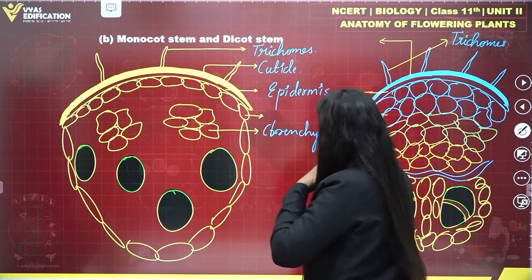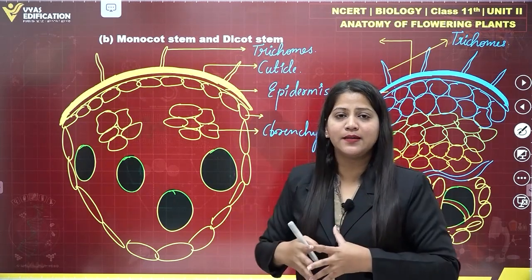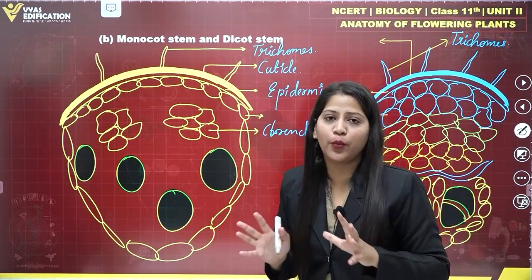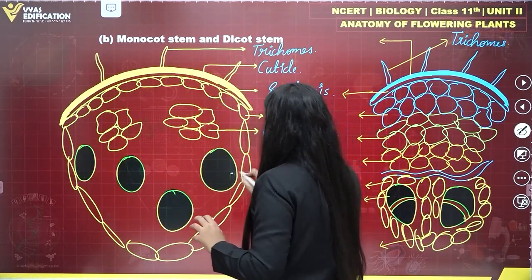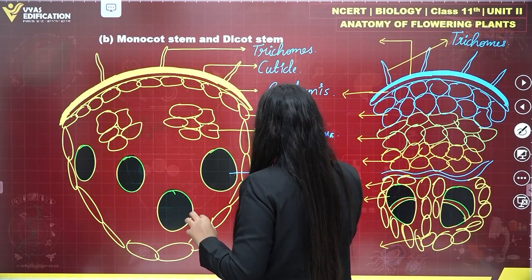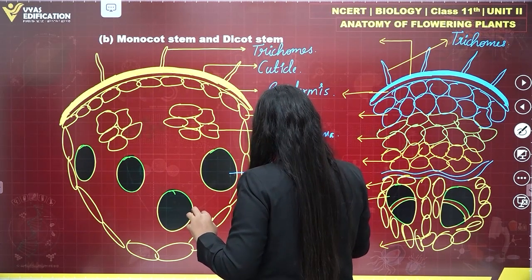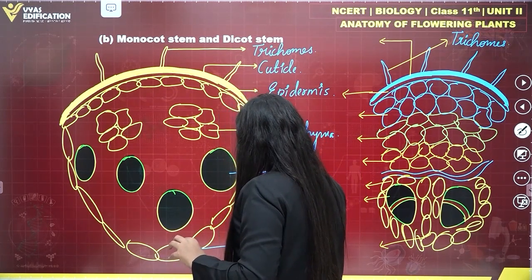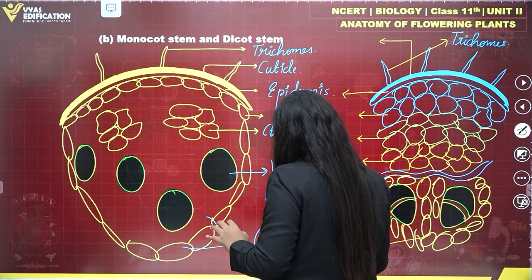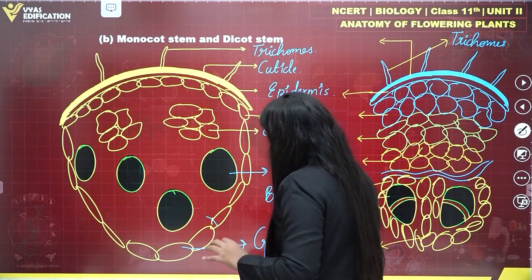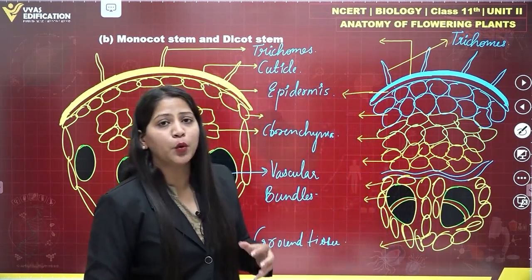In the monocot stem, the vascular bundles are present in a scattered arrangement. These bundles in dark color represent vascular bundles, and all these are ground tissues. Except for these, we have ground tissue, and somewhere here we have pith. So this is the labeling of monocot stem.